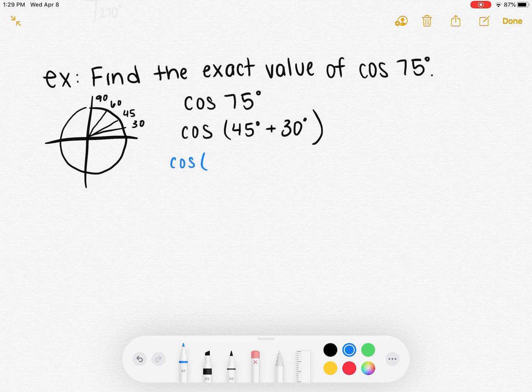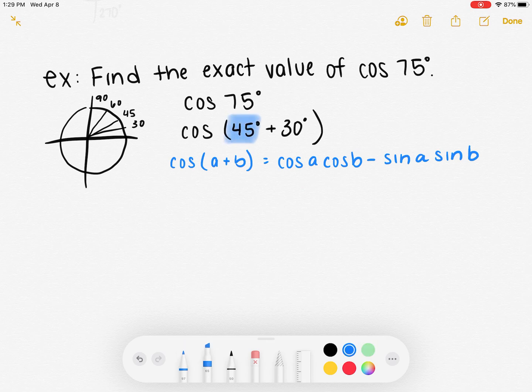And I see that my rule for cosine when I'm adding two numbers is cosine of A, or the first number, times cosine of B, or the second number, minus sine of A and sine of B. So now in this situation, A is 45 and B is 30.